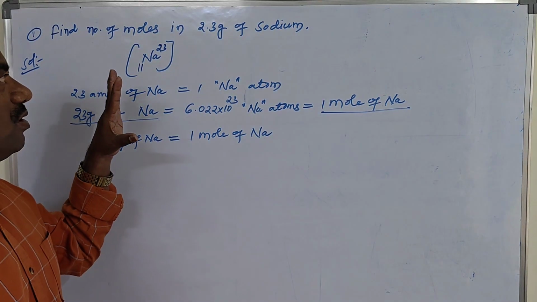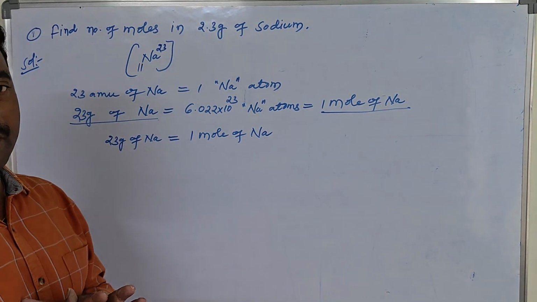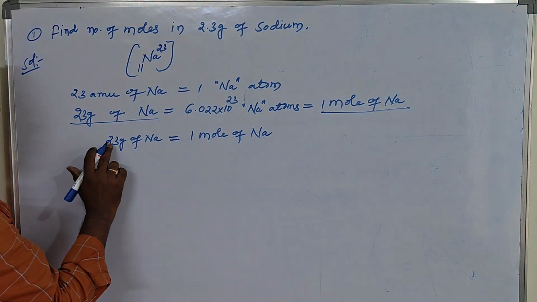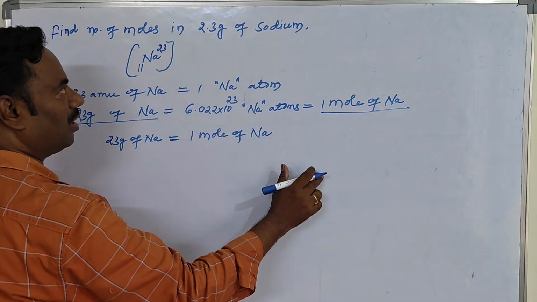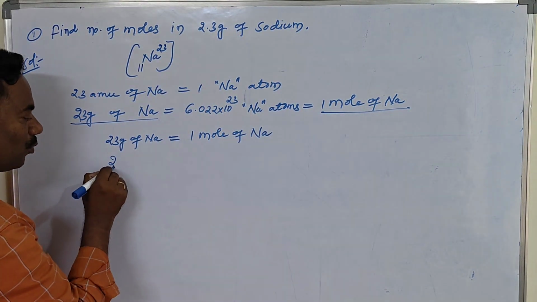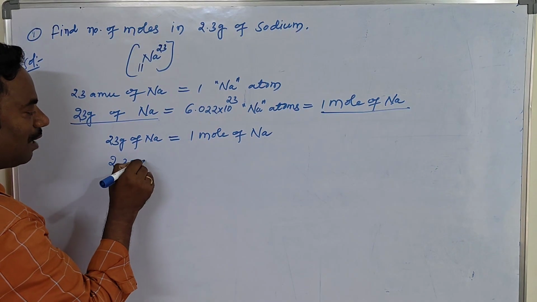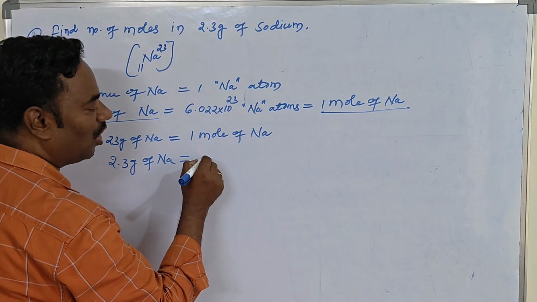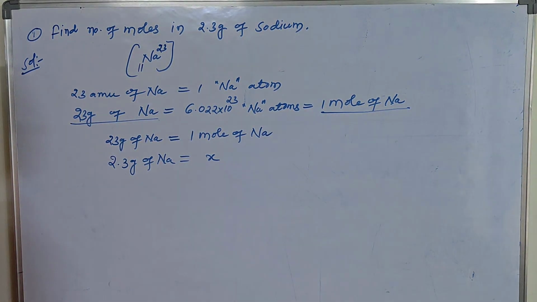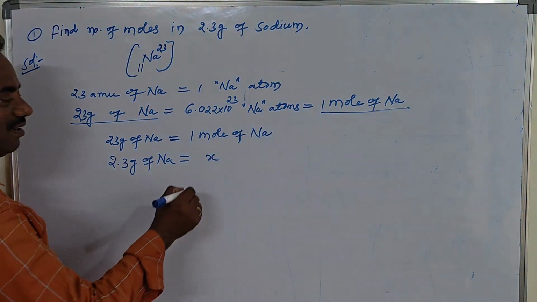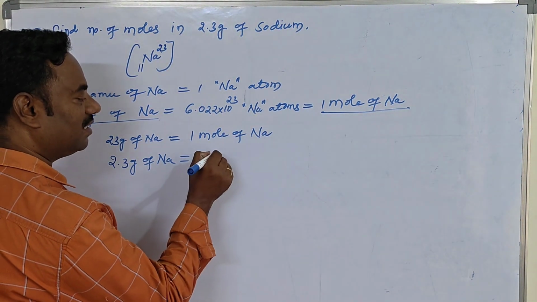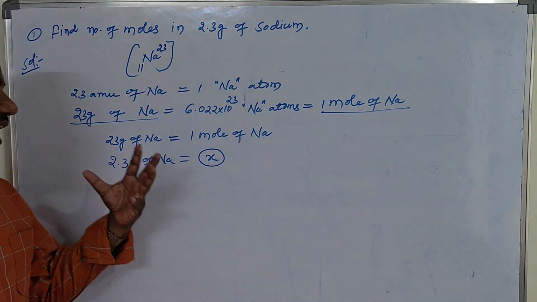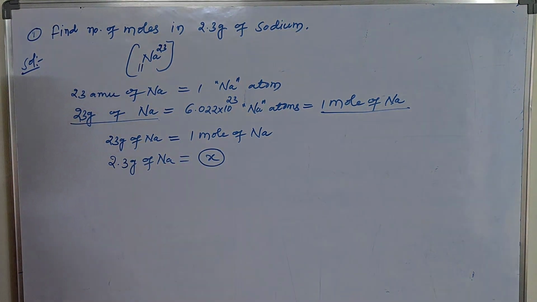Find number of moles in 2.3 grams of sodium. I know from the basic data 23 grams of sodium equals to 1 mole of sodium. Now 2.3 grams of sodium is equals to how many moles? I want to calculate this x.